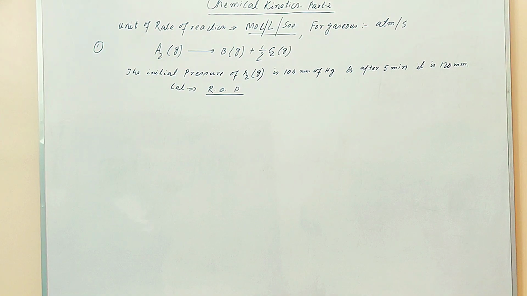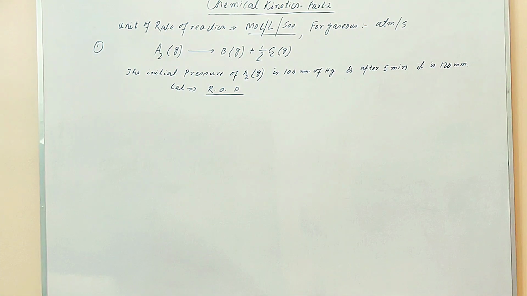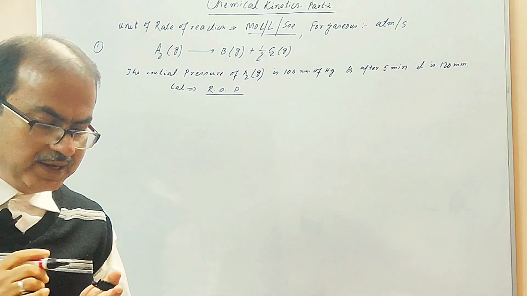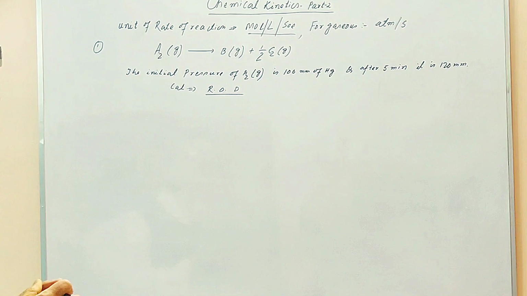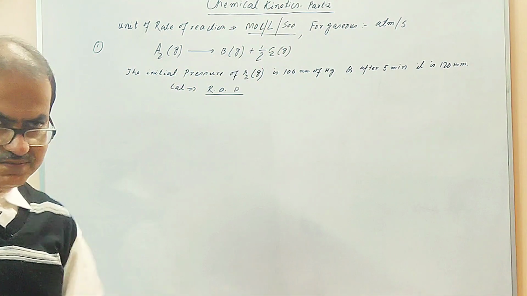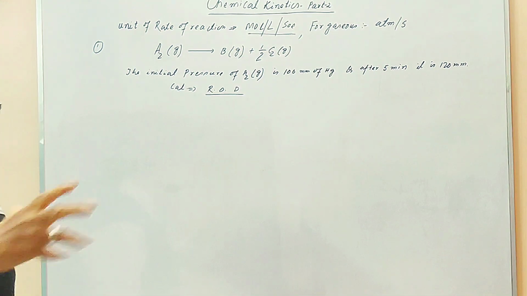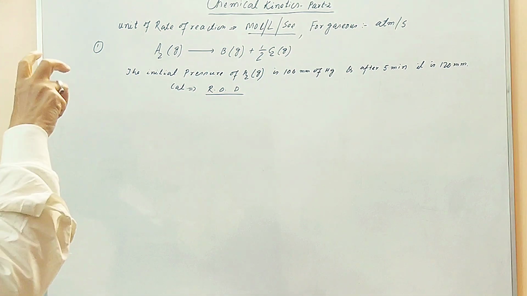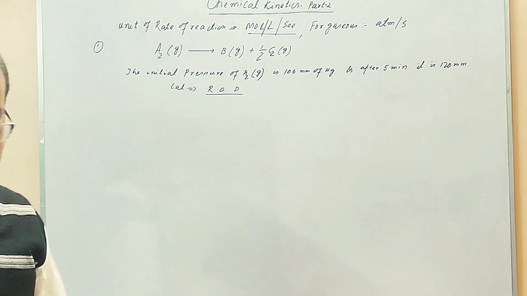How to calculate? When you are going for a numerical, you have to practically understand what is going to happen here. Initially, there is no product. Only reactant is there, right? So the Hg pressure was only for this reactant.